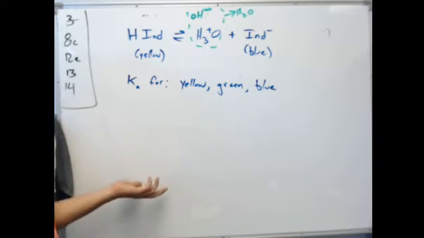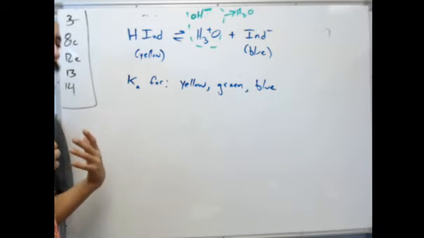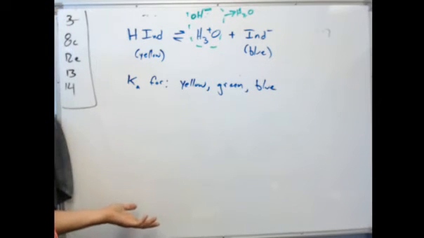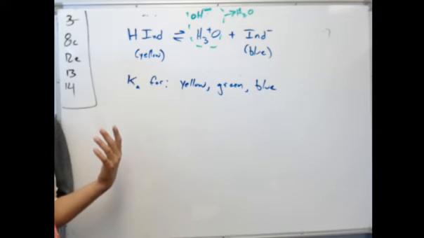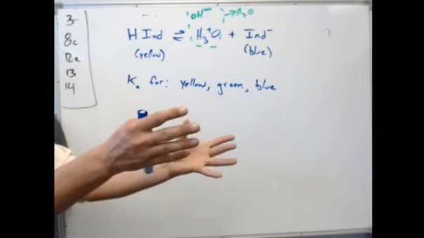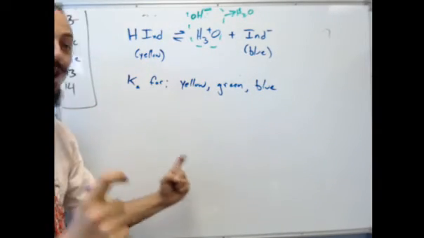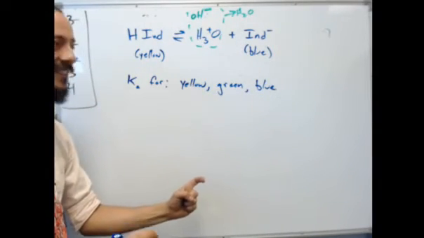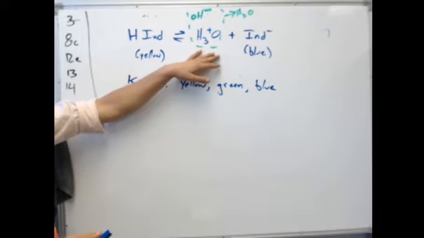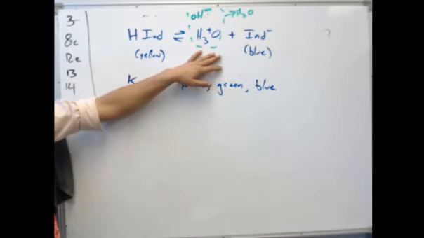What is Ka, just the term that we call it? What's any K? It's an equilibrium constant. So, if I add a bunch of H3O+, is that going to change the equilibrium constant?